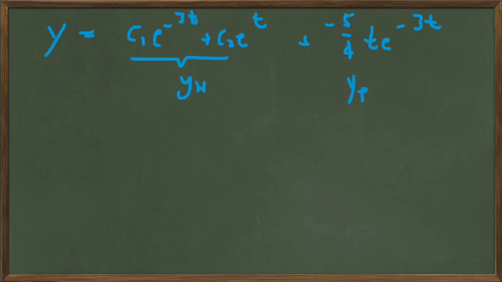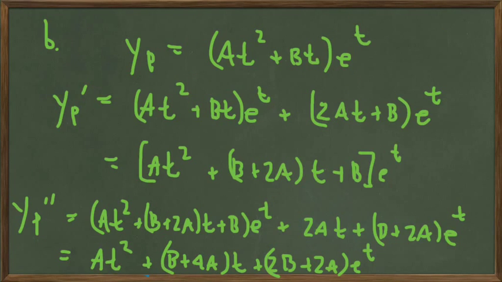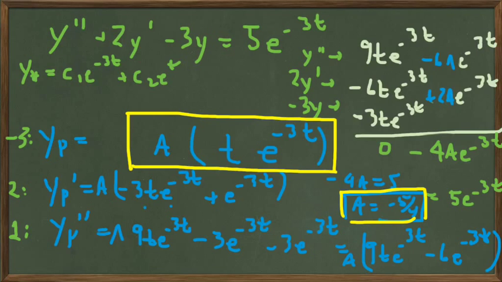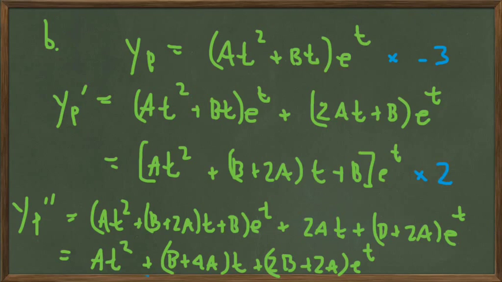Y double prime times 1, y prime times 2, and yp is times minus 3, because it must go into this differential equation right here. So let's see if we can combine that together.